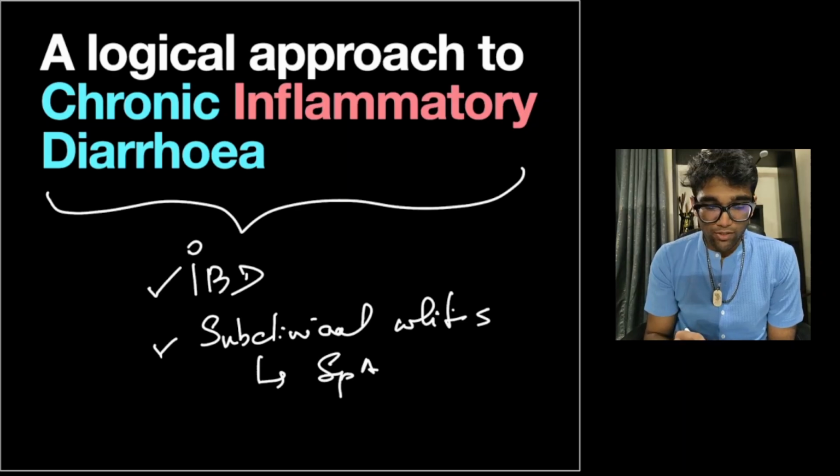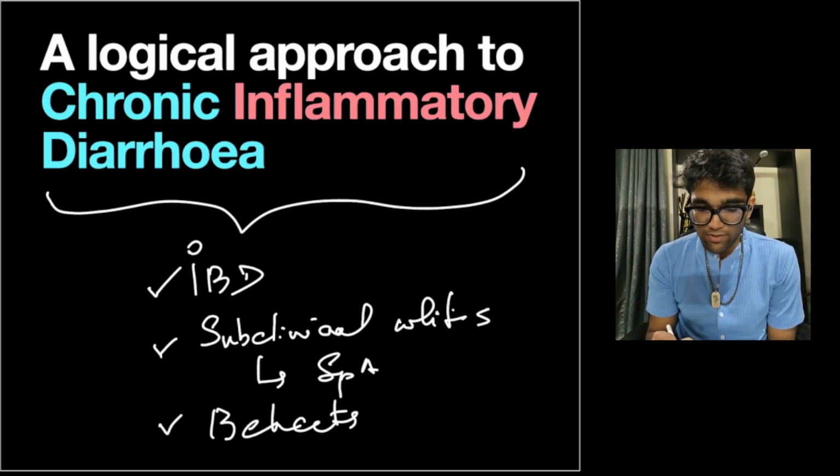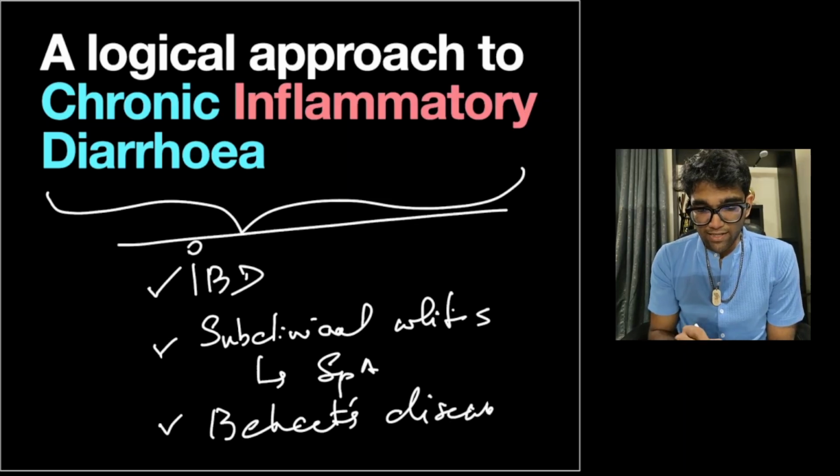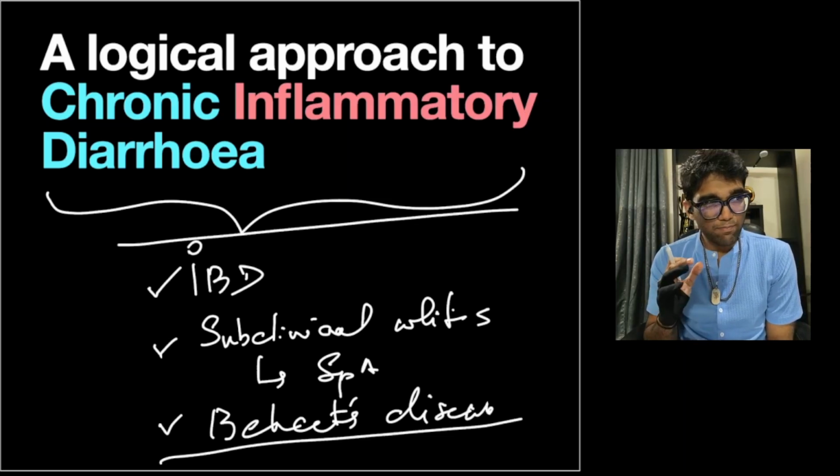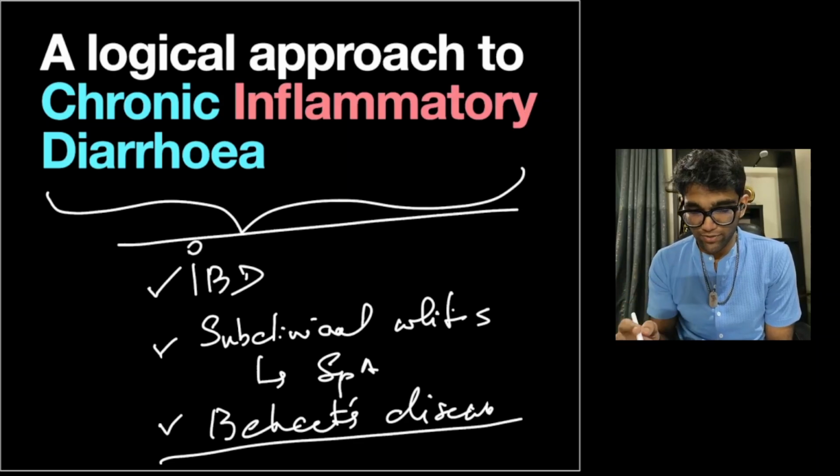You can get colitis in Behçet's disease, right? But these three entities at a pathophysiological level are essentially the same. It is just us rebranding them depending on the context, and we'll get to that when we talk about Behçet's disease.